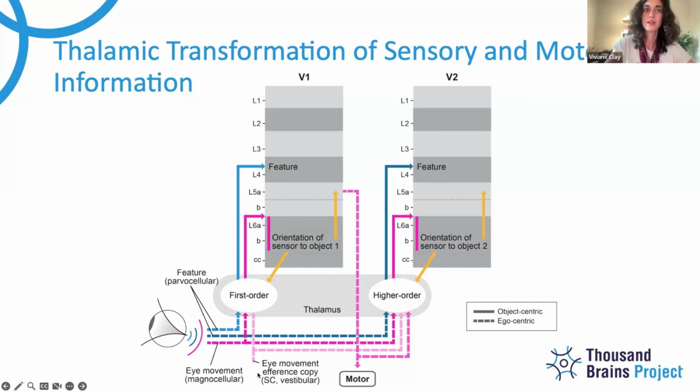You can get efference copies of the actual motor commands. So like outputs from the superior colliculus or the vestibular system about how your sensors are actually moving. And then also this efference copy of the motor command that's being sent to the next higher region.